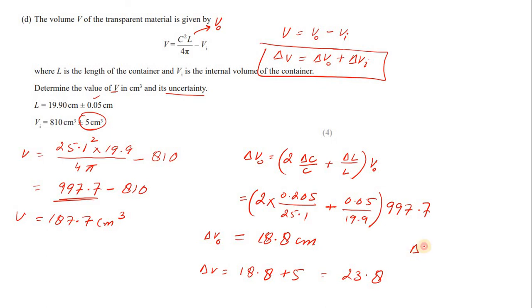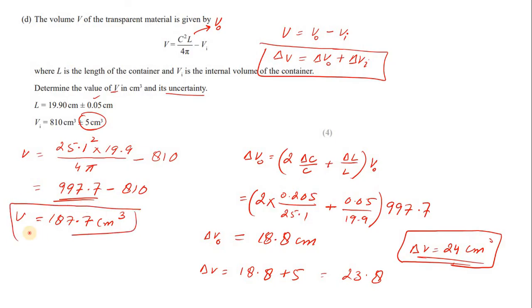So delta V is 24 centimeter cubed. This is the uncertainty in the volume. So this is the volume, and this is the uncertainty in the volume. So basically you can write the volume V is 187.7 plus or minus 24.